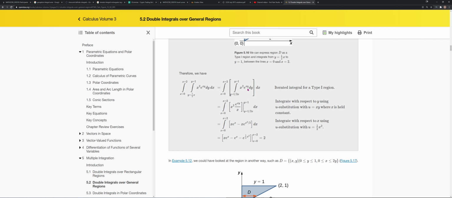When we integrate with respect to y, the x squared is a constant, so it just comes along. You're going to integrate the e to the xy. This is basically integrating an exponential e to the y, where you just have a coefficient in front of the y, so the x is a constant.